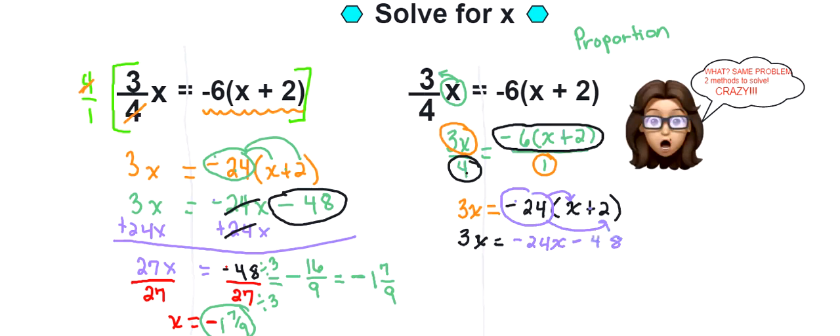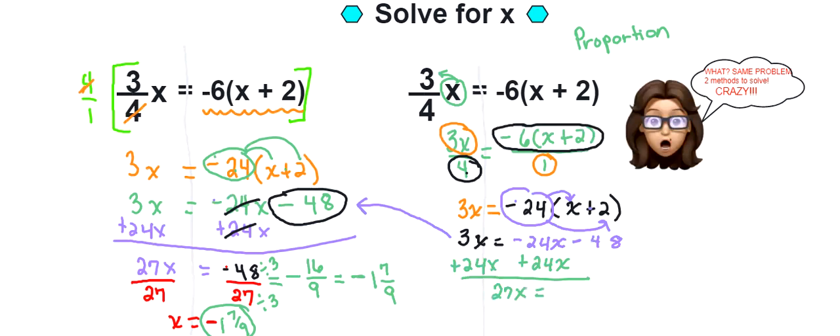Now you can see we're right here, same equation. So we're going to bring our x's together. And as I've mentioned, I like my x's to be positive, so I'm going to add 24x. Add 24x. Now I got all my x's together.